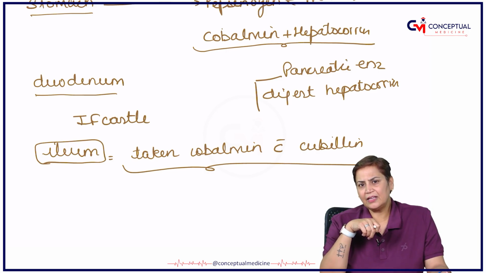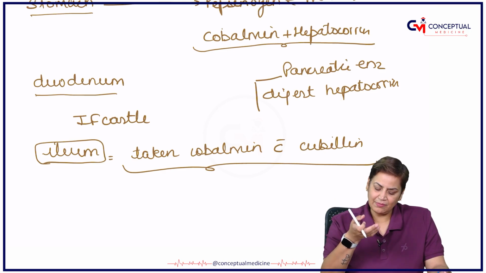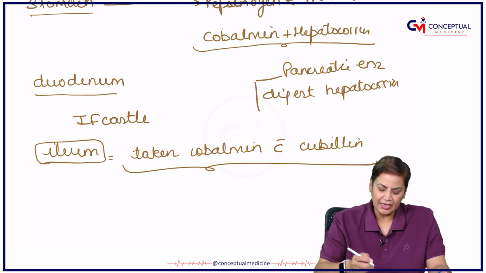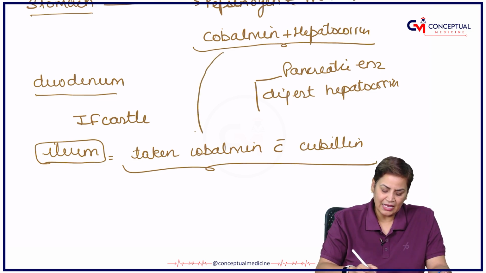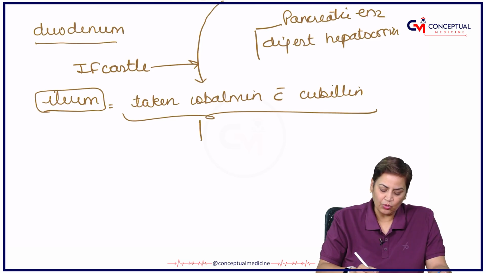When we are taking it from the diet, the protein is there, which is digested by the pepsinogen enzyme in the stomach, and then at a later stage the pancreatic enzyme is going to take this haptocorrin, and then with the help of intrinsic factor of Castle it is accepted by the receptor, and there it will be taken over by ileal cells.